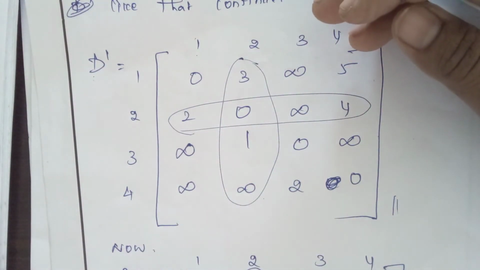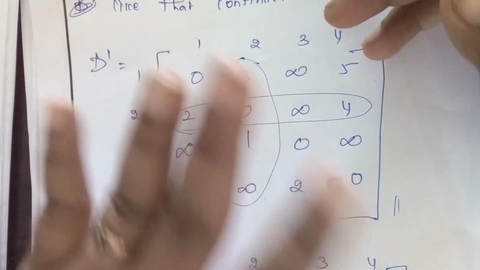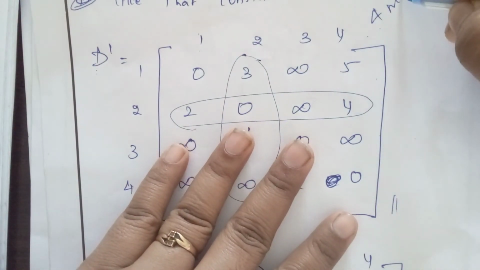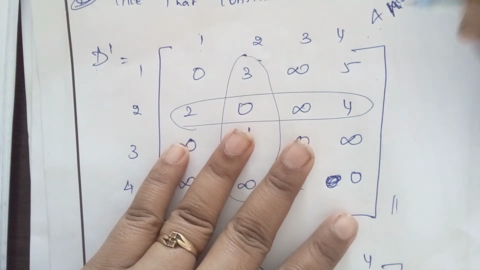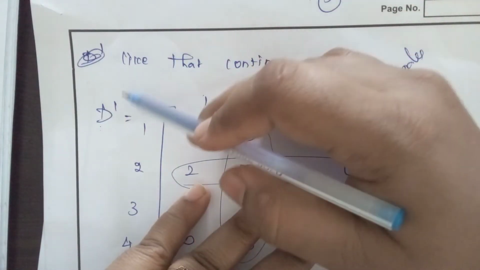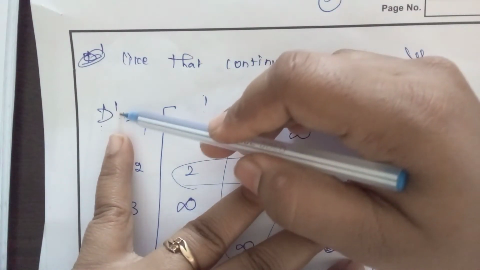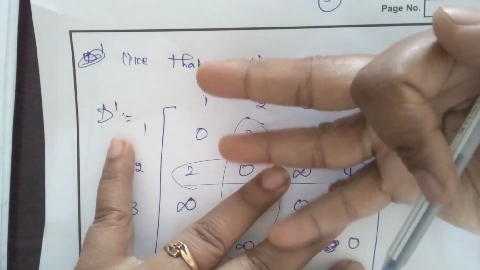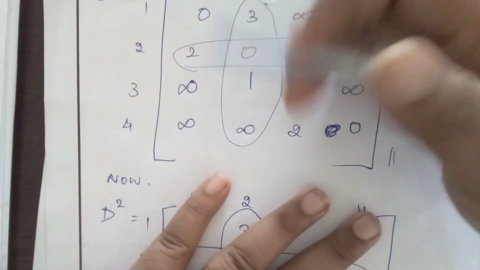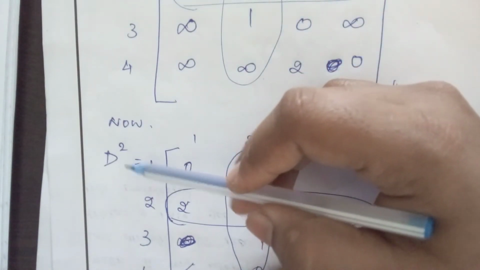Now see, we have 4 nodes. We have derived D¹ for only one node, the remaining 3 nodes are there, so now I have to find D².